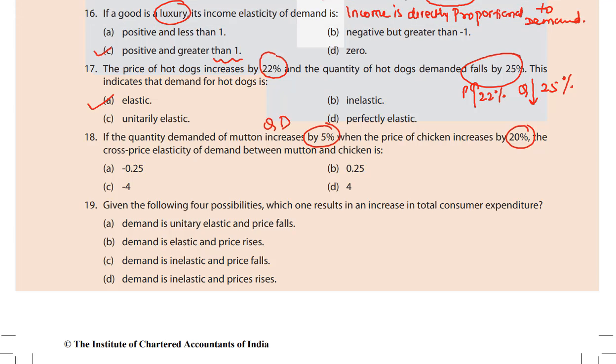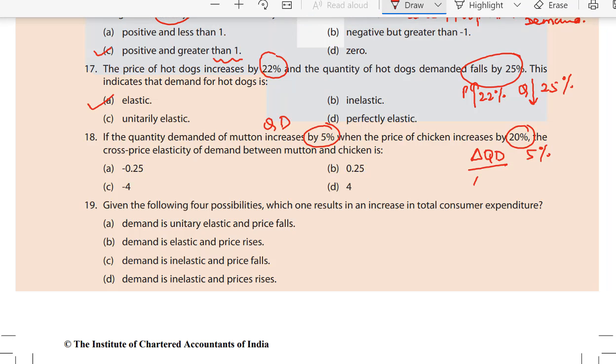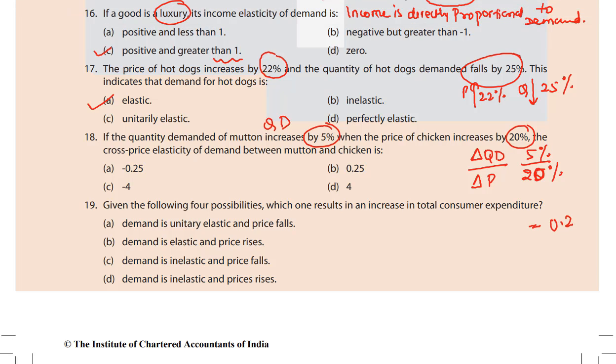The quantity demanded of mutton increases by 5%. That is the percentage change in quantity demanded, 5%, divided by the percentage change in price, that is 20%. So 5 upon 20 will give us the answer 0.25. That is 1 by 4. So 0.25. I think it is clear. So the answer is B, 0.25. And this is positive.